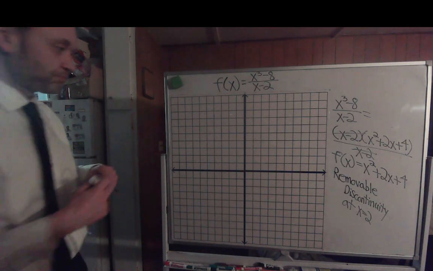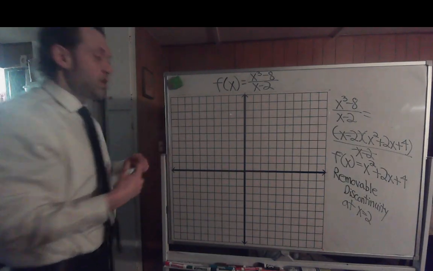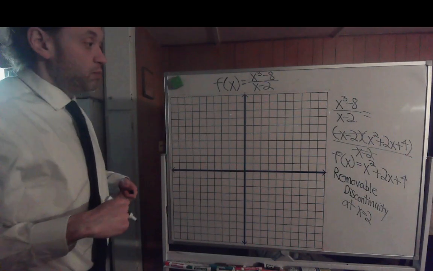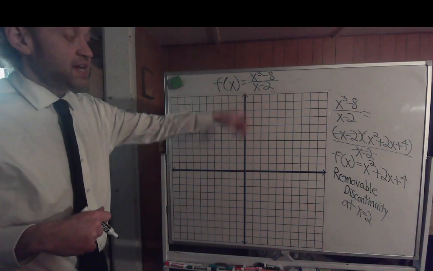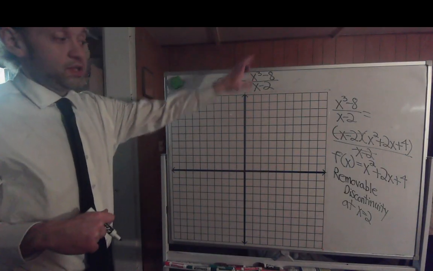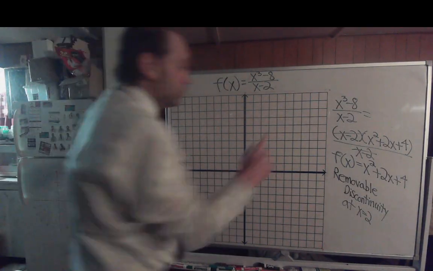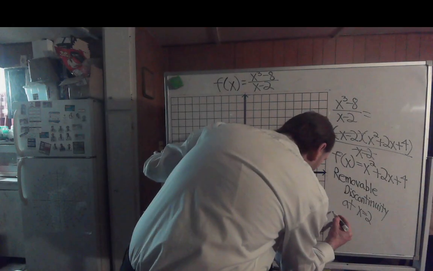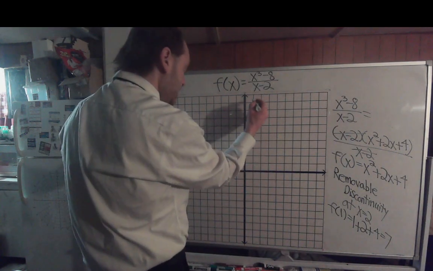Now, we know if we go to 3, it's definitely going to be even bigger than 12. So why don't we do f of 1 here? Well, that's just going to give you 1 plus 2 plus 4, which would give you 7. So when x is 1, y is 7.